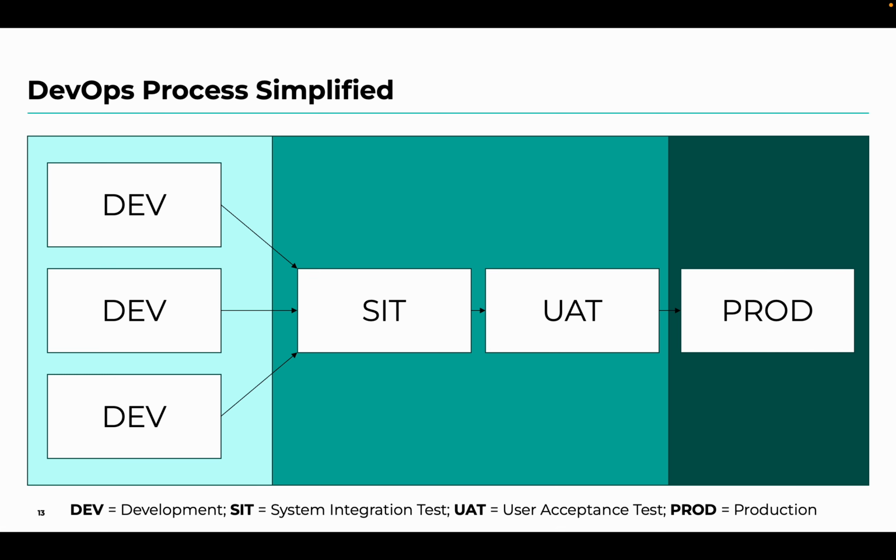So if I oversimplify what we'll be trying to solve here today, we will have developer environments. Then we will want to integrate the changes from multiple developers into a single artifact, which we can deploy and test and run to see how the code works together. Then we want to run some tests and validate the solution, and then we want to move it to production.